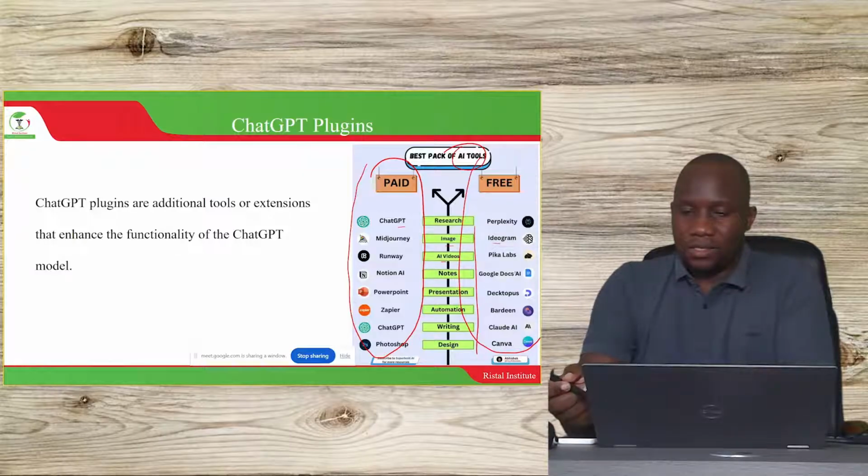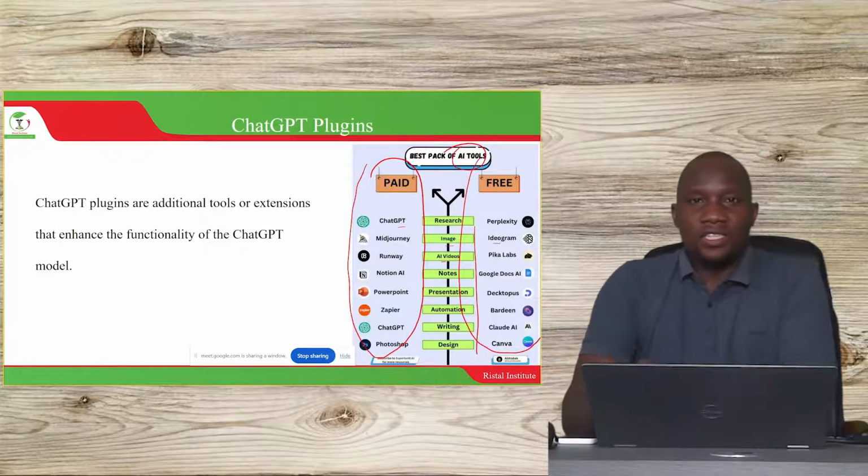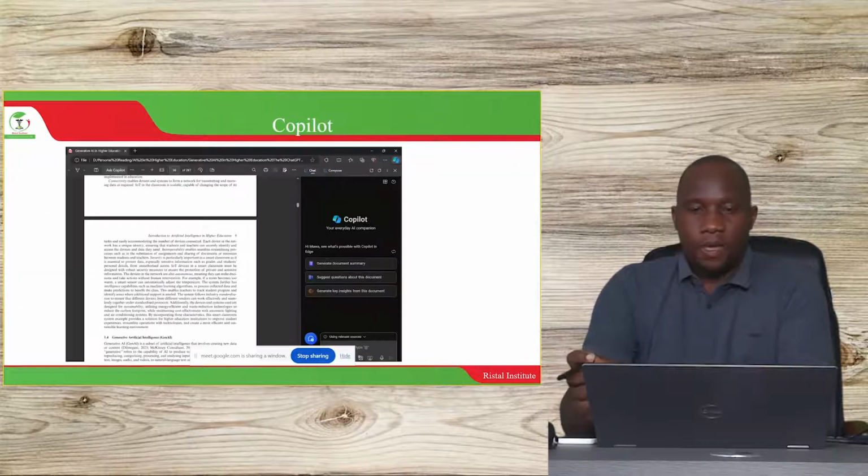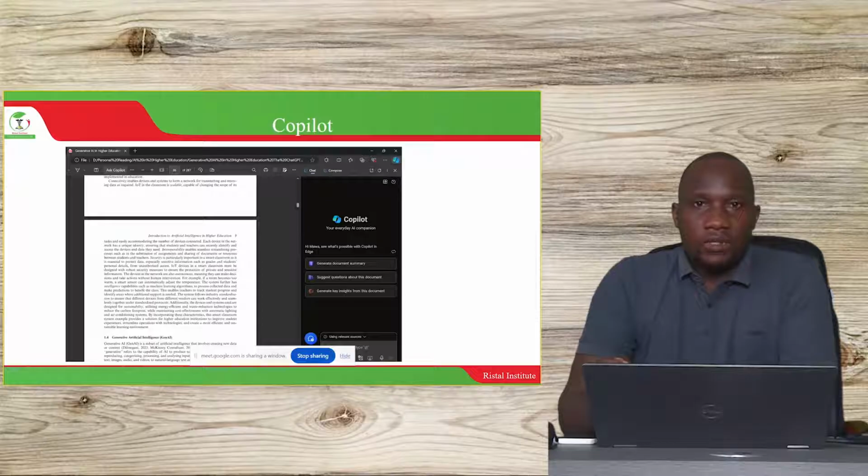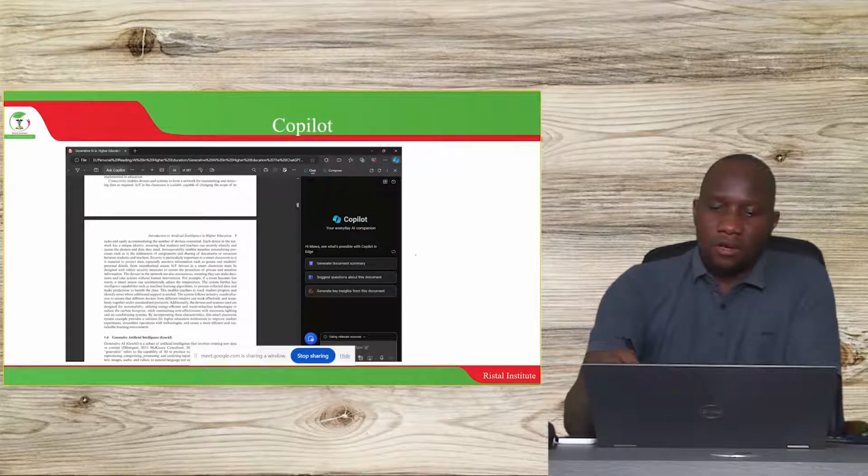For taking notes, even Google Documents has AI there. For making your slides, you can use Desktopers. And many others. These are not the only tools that are available for you to use in your academics. Copilot is another one. You can access Copilot on your computer.